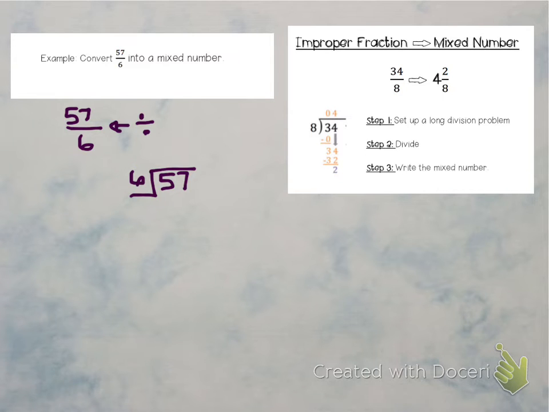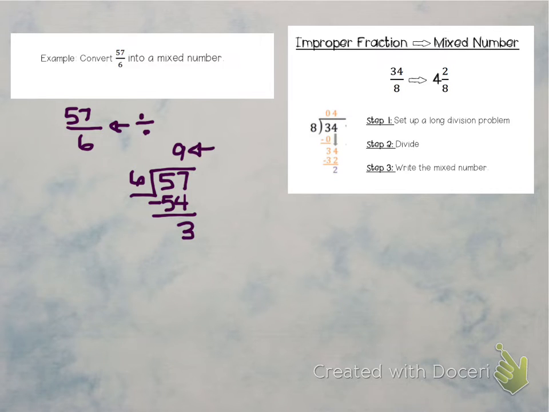So we say, how many times does 6 go into 57? 9 times 6 is 54. So 57 minus 54 gives us a remainder of 3.